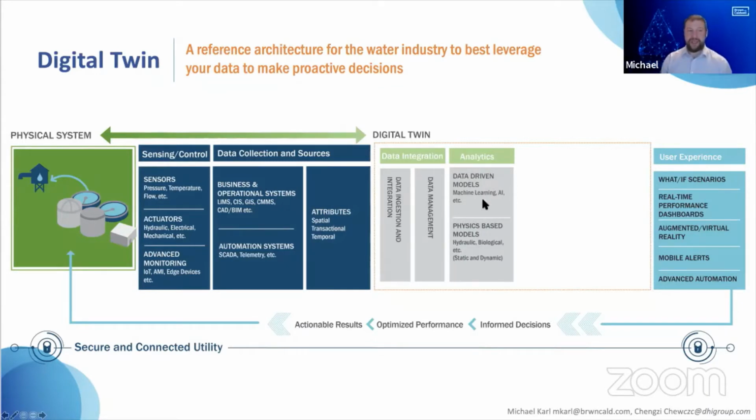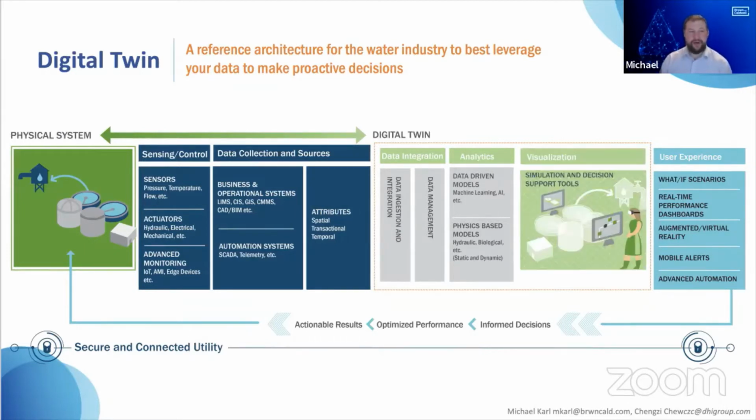With that, you then bring it into the engine of the digital twin, which is this data-driven models and physics-based models. So the data-driven models are the most advanced technologies that are being leveraged today: machine learning, AI, deep learning, neural networks, etc. But that power is combined with some solutions needing and requiring physical models, hydraulic, biological, and more traditional static and dynamic based models.